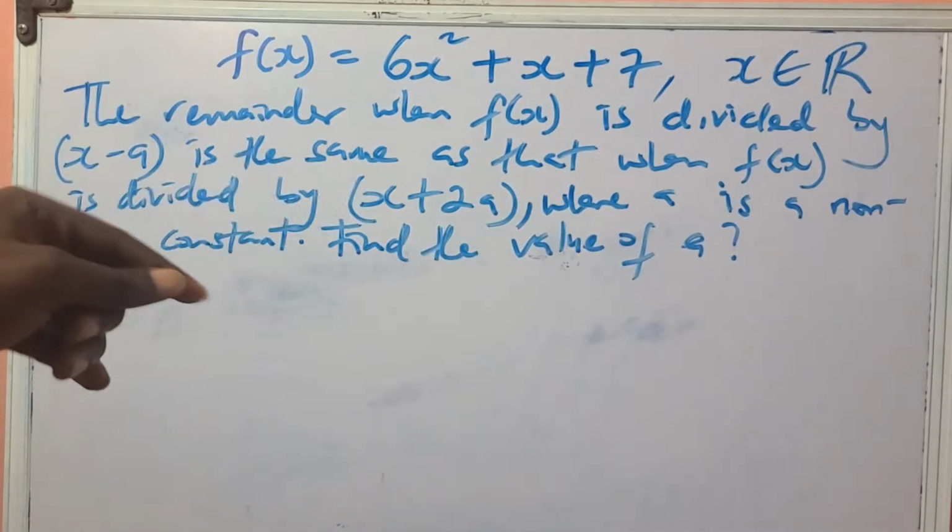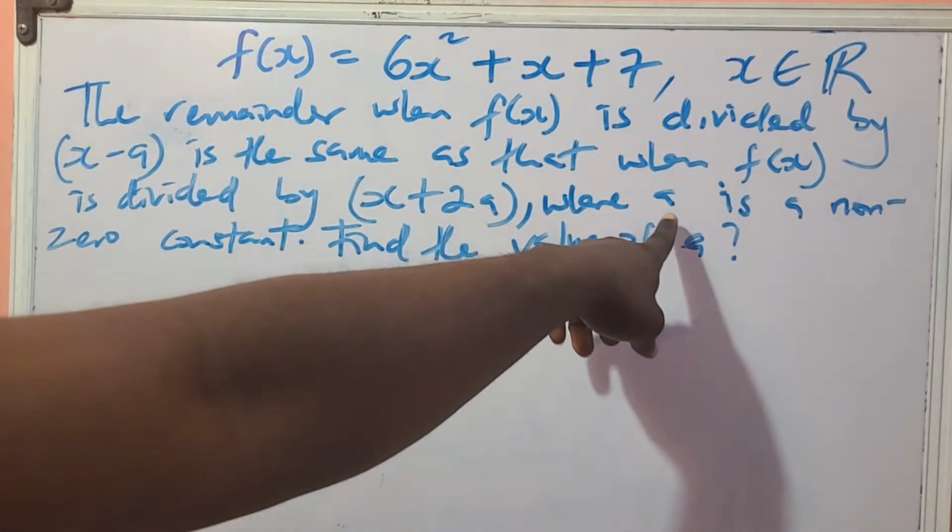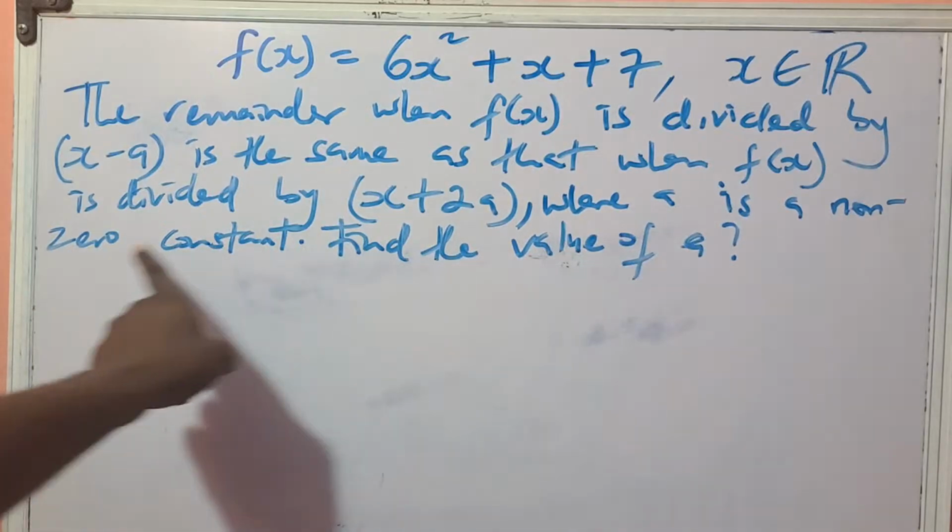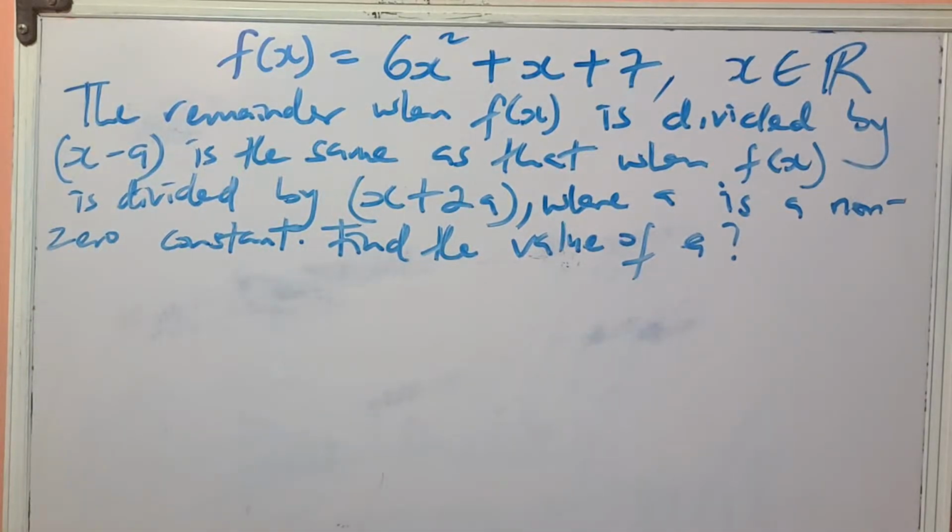All right. Now, they then told us that a is a non-zero constant. I'm sure you understand the meaning of non-zero constant. That means whatever value for a, we must always get an answer that is not zero. So if you get 0 as an answer, you cannot write 0 as an answer.